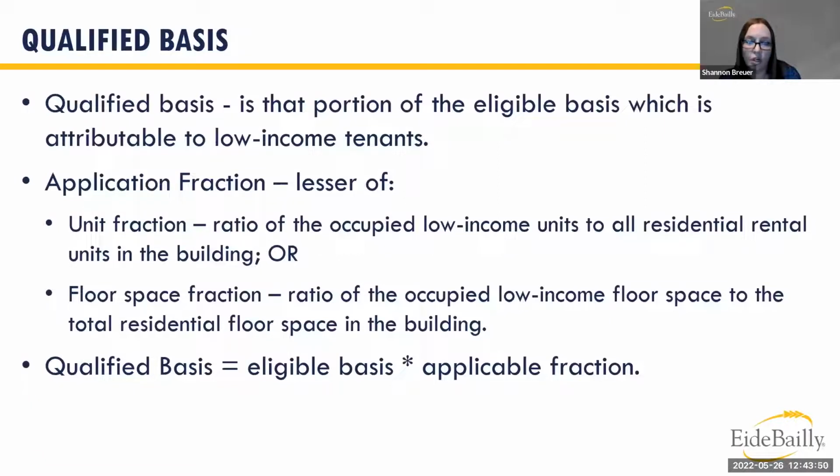So in your first year, you don't just get a full year of credits. You have to look at when the units were actually qualified. Note that the building must be placed into service for a full month in order for a month to be included in that first year calculation.